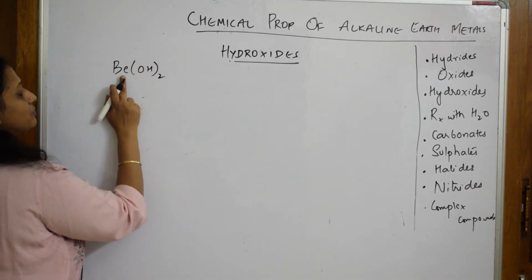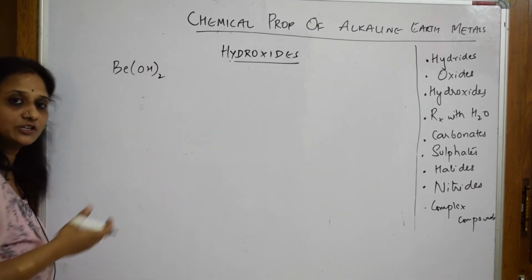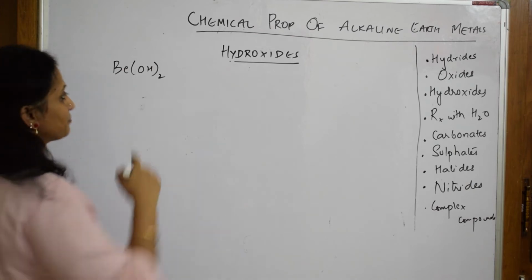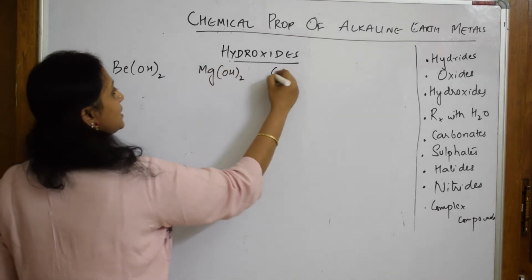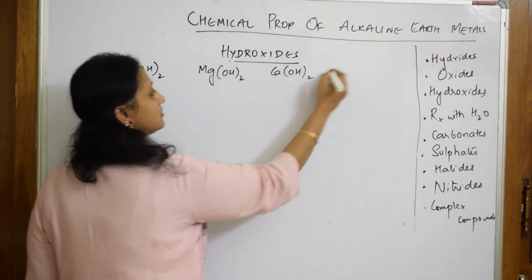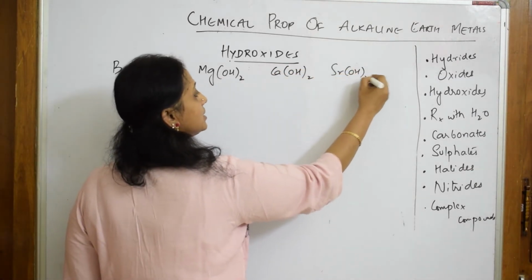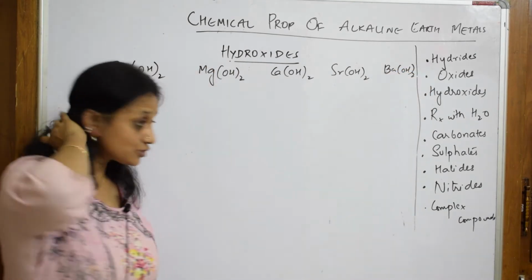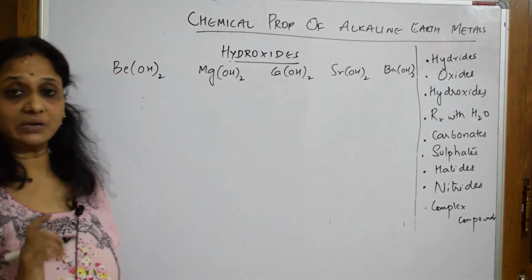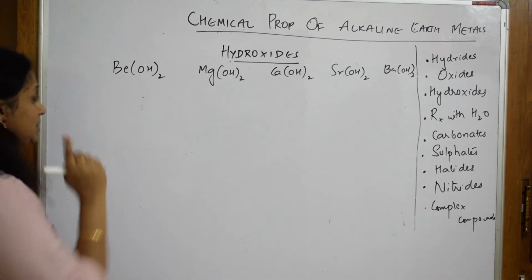The valency of beryllium is +2, the valency of hydroxide is -1. Next after beryllium is magnesium hydroxide, then calcium hydroxide, then strontium hydroxide, then barium hydroxide. These are the hydroxides. Now let's speak about the basic nature of these, careful.